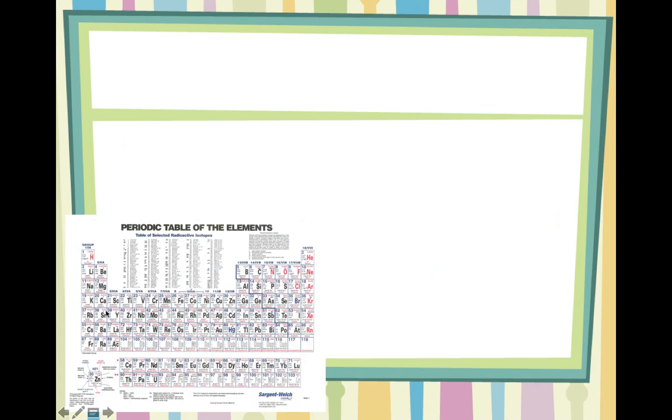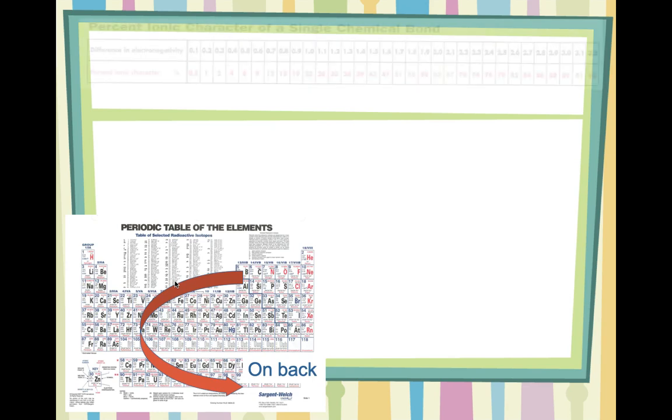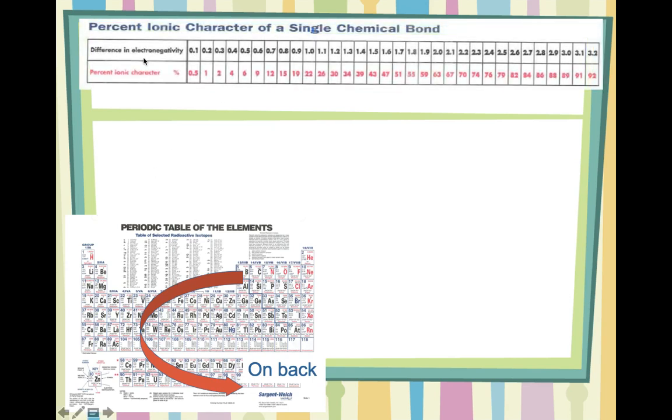Okay, so how do we do this? Find the periodic table that looks like this. Either I gave you one in person or there's one posted on Schoology, and look on the back side. Or you can find any periodic table that shows electronegativity values. On the top of the backside, there's this chart. It's the percent ionic character, and the difference between the electronegativity values corresponds to the percent ionic character.